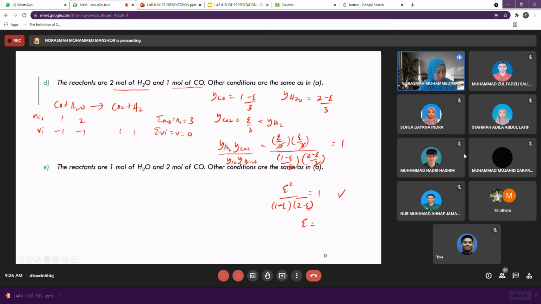Dapat tak berapa epsilon? 0.67. Betul, 0.667. Semua dapat ke?